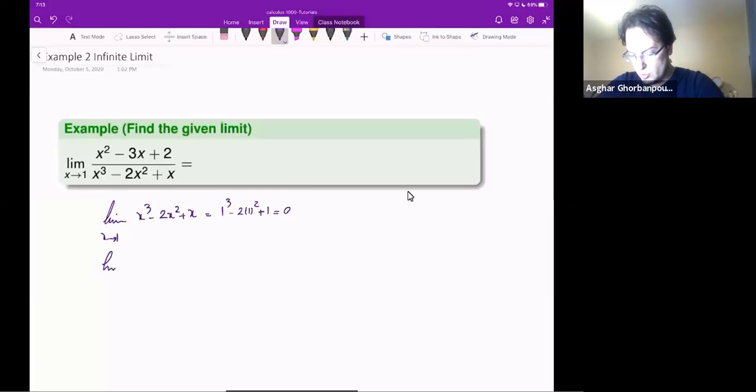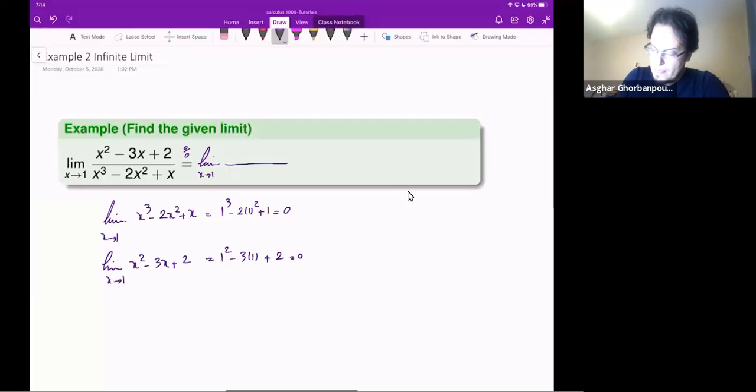And the numerator gives 1 squared minus 3 times 1 plus 2, which is 0. Now we have 0 over 0, and you have to deal with it. It is just the beginning of the story: you have to try to find the vanishing factors.